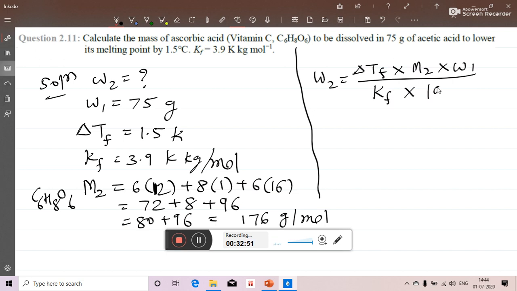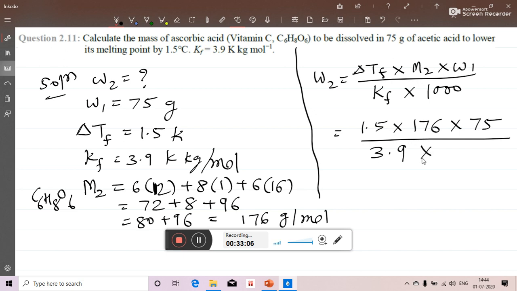So delta TF is 1.5, molar mass of ascorbic acid is 176, weight of solvent is 75 gram upon KF is 3.9 into 1000. So on solving this, we will get the final answer 5.077 gram. So that is the mass of ascorbic acid.